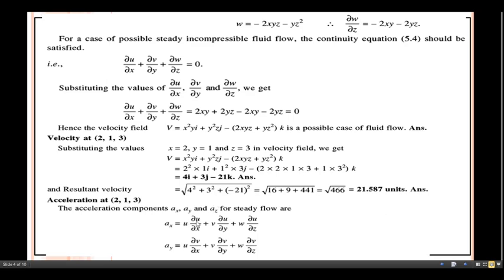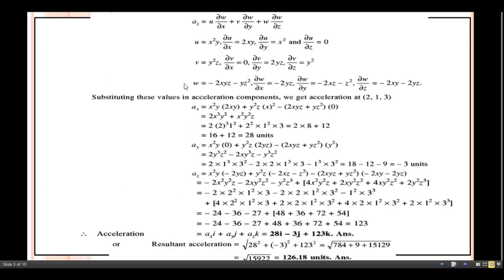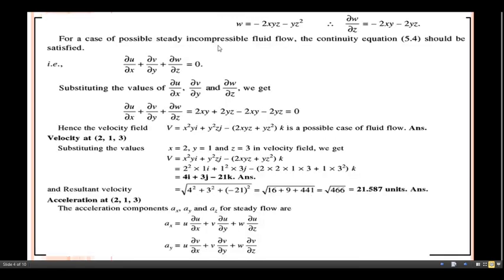If I get the individual values from equation number 1, then easily you can get the acceleration component along the x direction. So what about u? From here, u equals x square y, this term is x square y.